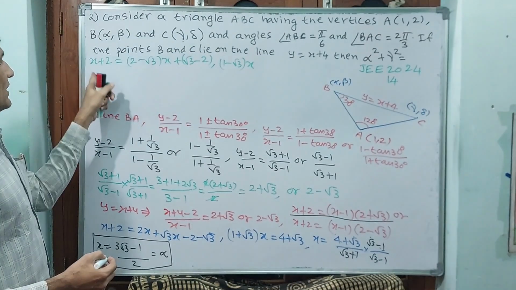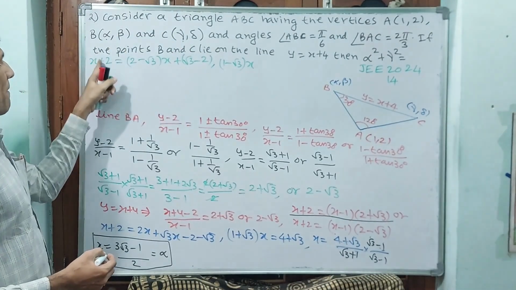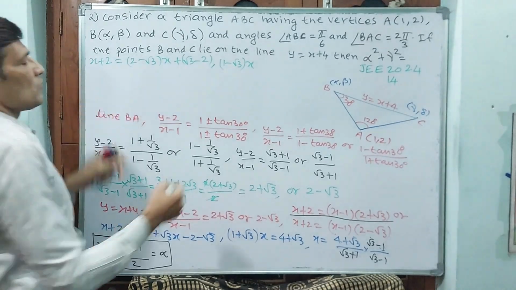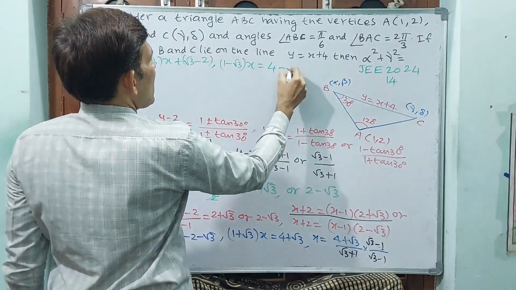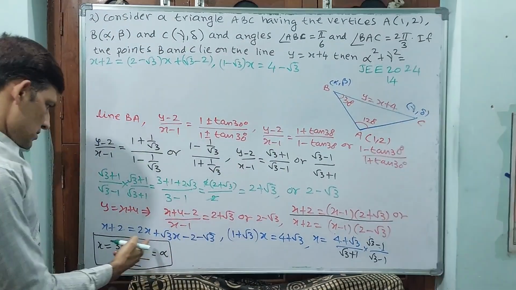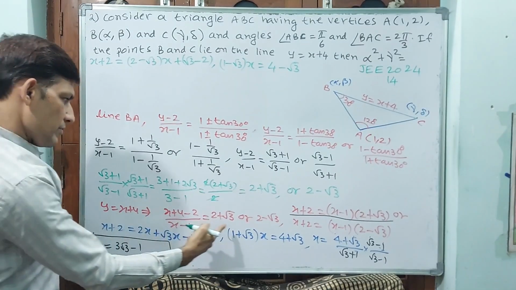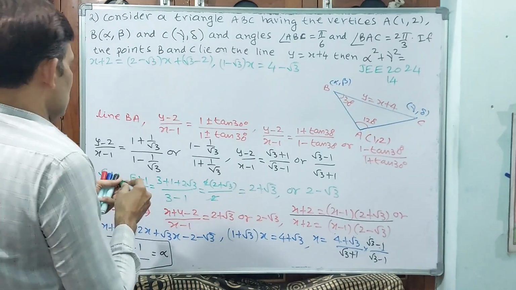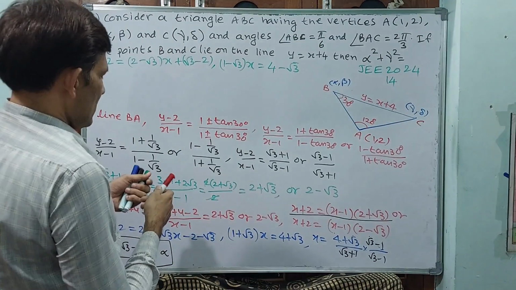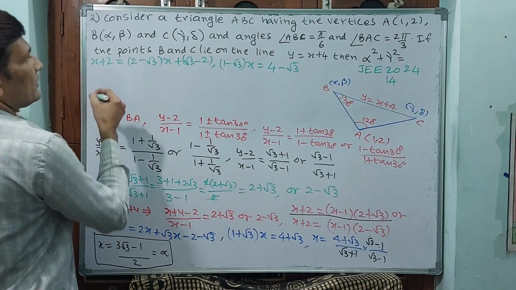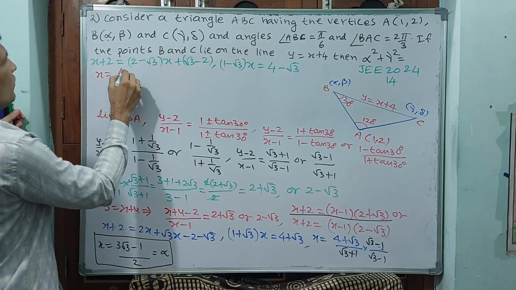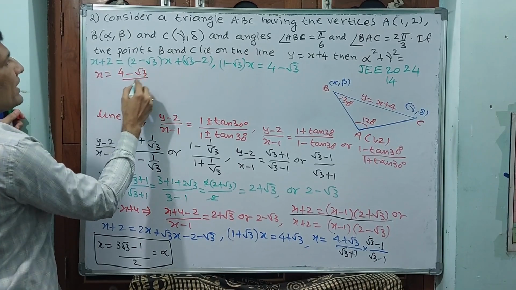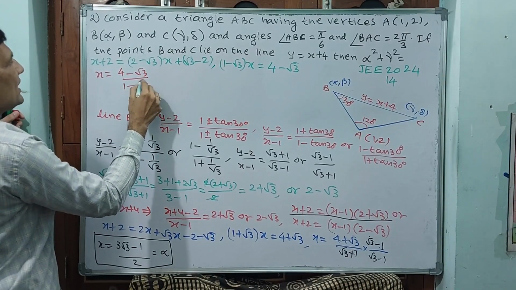If this goes that side, minus 2 plus 2, 4 minus root 3. Here 4 plus root 3, okay, reverse. Now what is x then? x is equal to 4 minus root 3 by 1 minus root 3.